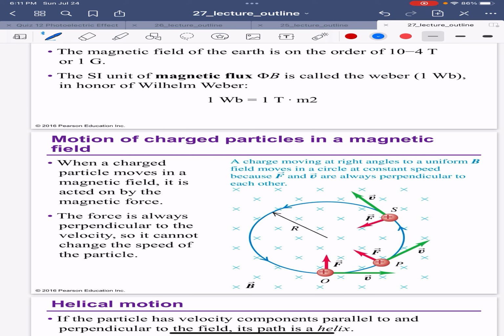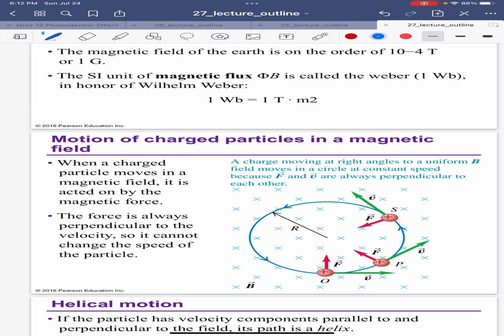When I have an object that has a charge and it is entering a region where we have a magnetic field, we are going to have a force acting on that particle. That force is the magnetic force, and it is always perpendicular to the velocity of the object.